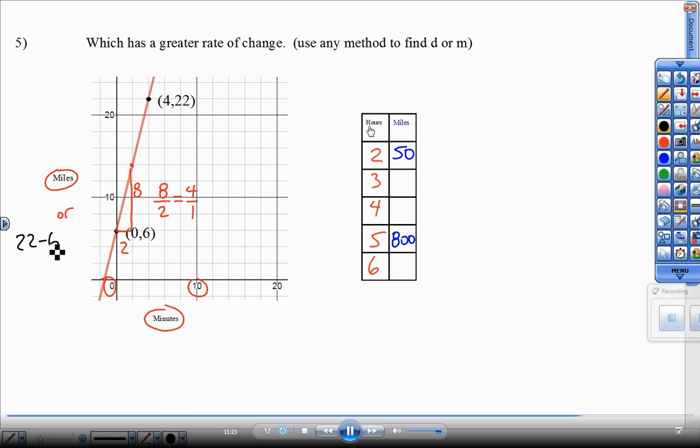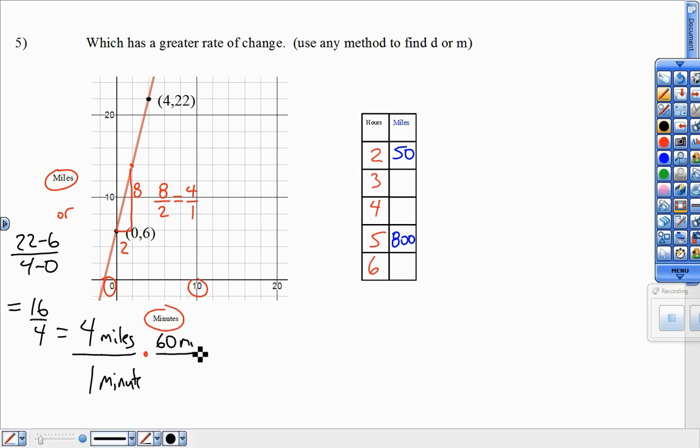This is miles per hour. Or I could take the coordinates, 22 minus 6 divided by 4 minus 0, to get 22 minus 6. 4 minus 0 is 16 over 4, which is also 4 miles per minute. But if I convert that to hours, multiply this by 60 minutes for every 1 minute.